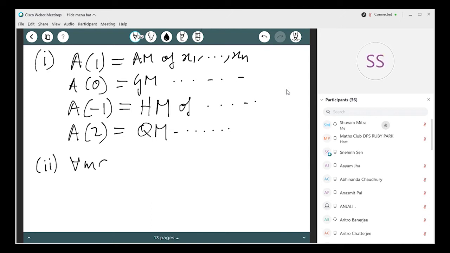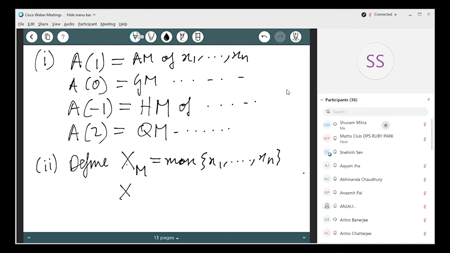For all m belonging to reals, define x subscript capital M as the maximum of x1 to xn, and x subscript small m as the minimum of x1 to xn.